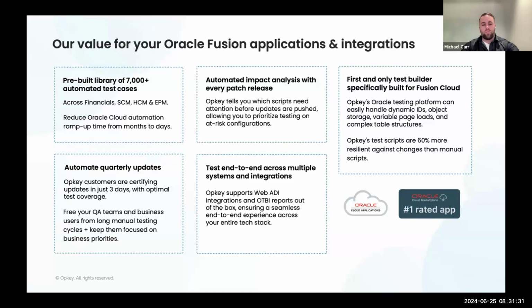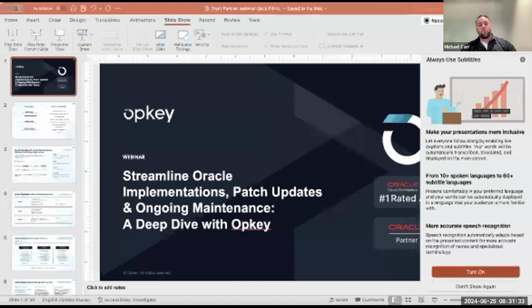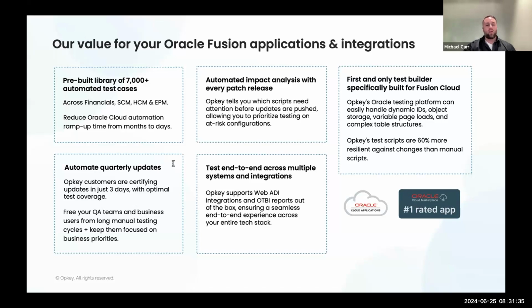Furthermore, on Oracle-specific testing, our accelerator library, as I mentioned, has 7,000 plus today. These cover the financials module, supply chain management, human capital management, ERP, and EPM, with a few others also in the mix.